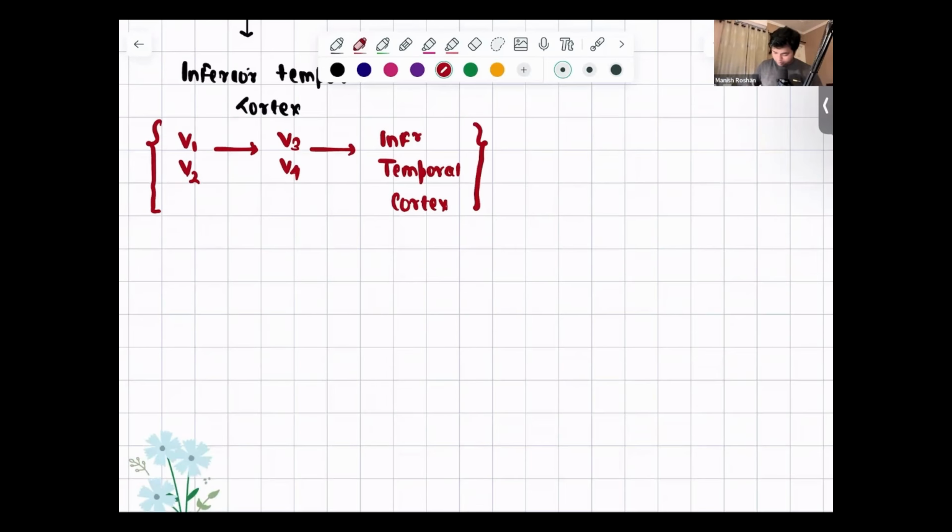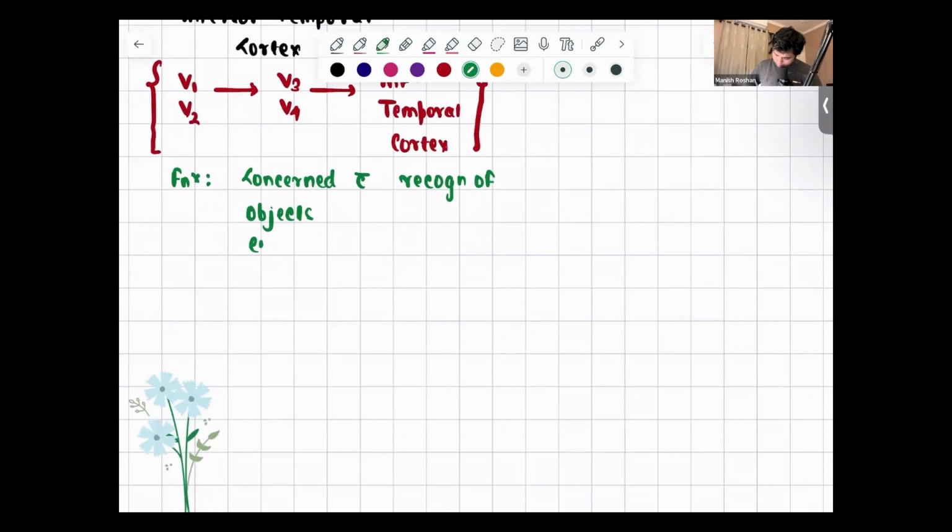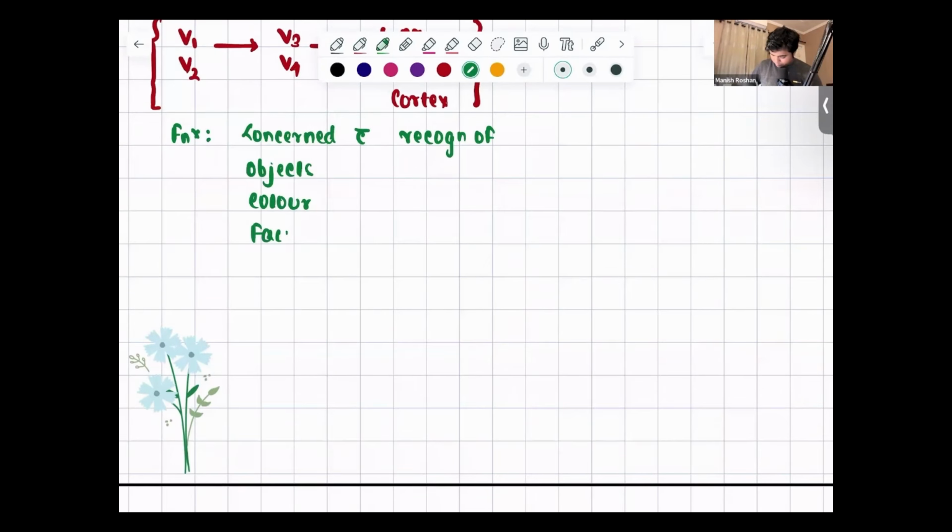It is concerned with recognition of objects, color, faces, and words. Remember this.